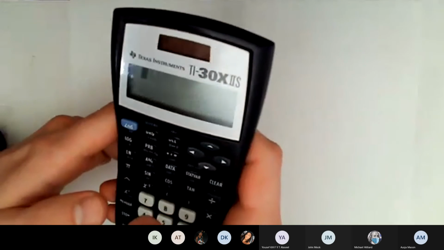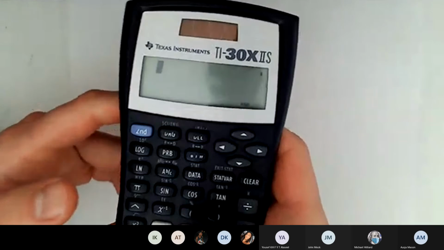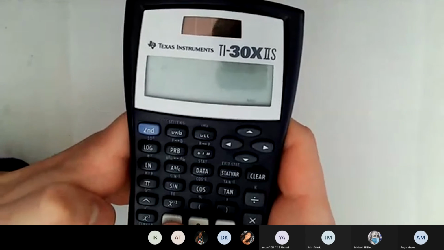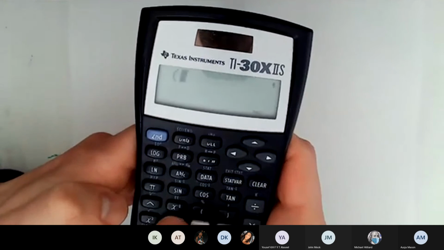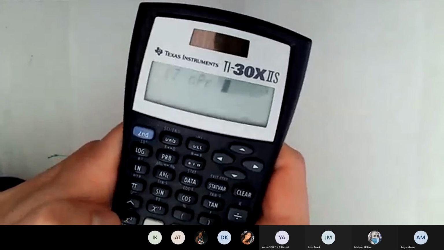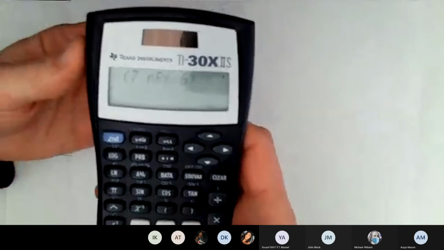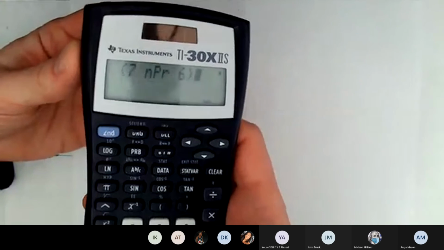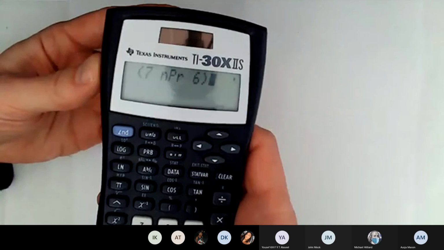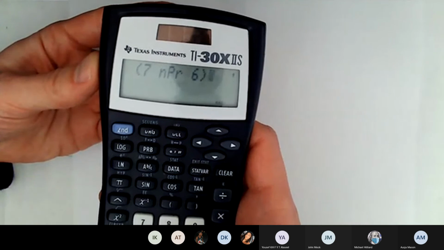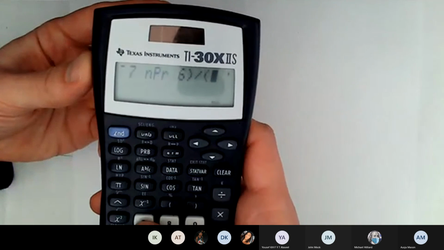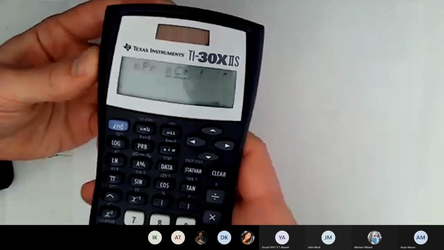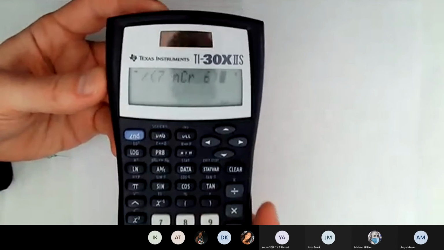The way I would do it on my calculator is I would do open parentheses, 7, and then the P function, and then 6, close parentheses. I don't know if you can find that. And then divided by, and then again, open parentheses, 7 and then C6, and then close parentheses.